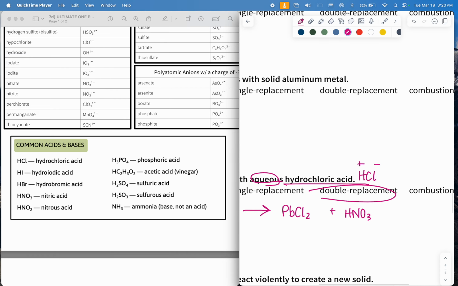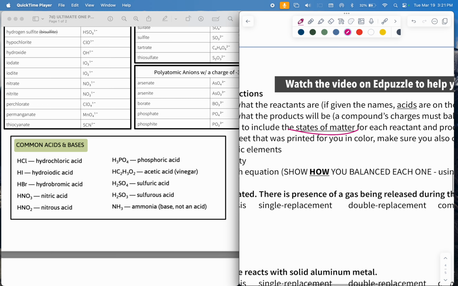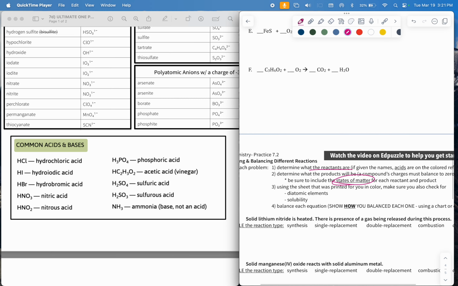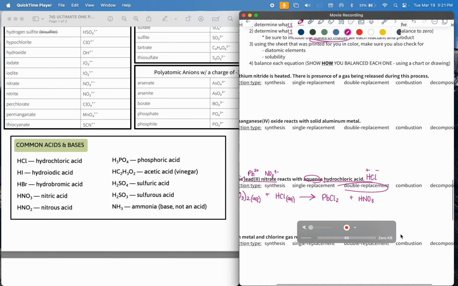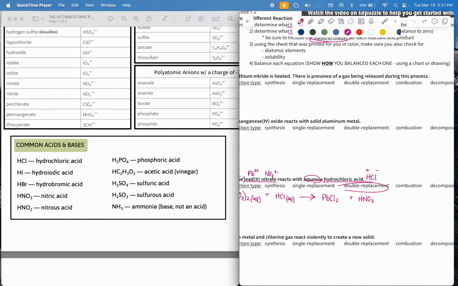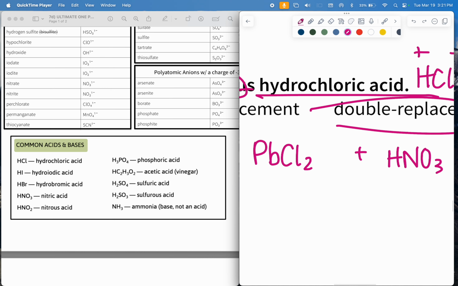And now we have to remember to get the states of matter that these are going to be in. So I've got my reactants, I've got my products, and now I want to make sure I'm including the states of matter with these. I need to use that solubility table to see how lead and chlorine bond with each other, and then how hydrogen and nitrate bond with each other.